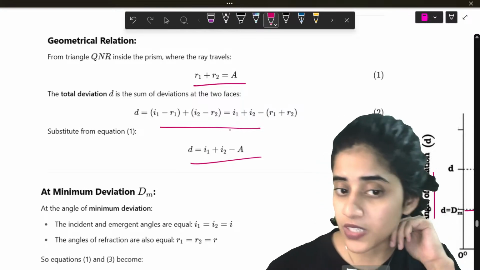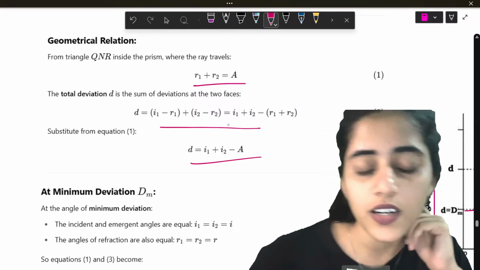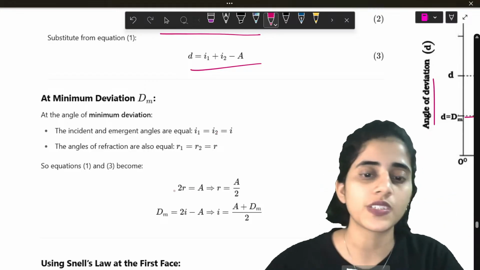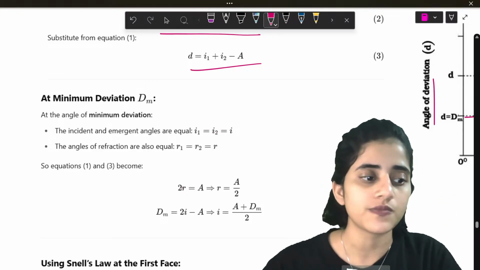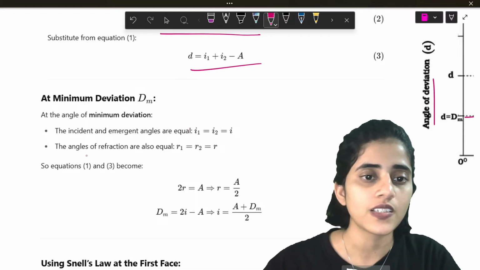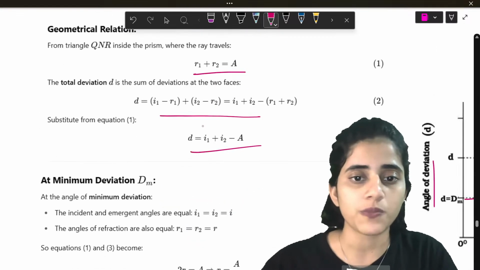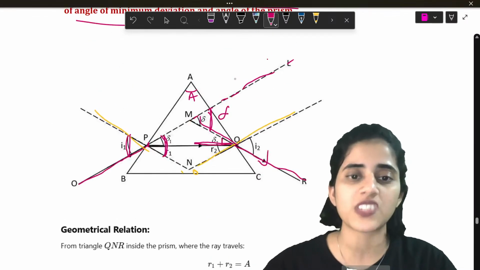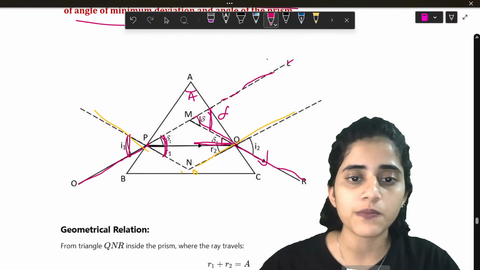Yeah. So for minimum deviation, what will you do? Where did I stop? Okay. R1 plus R2 is A. From this triangle, R1 plus R2.